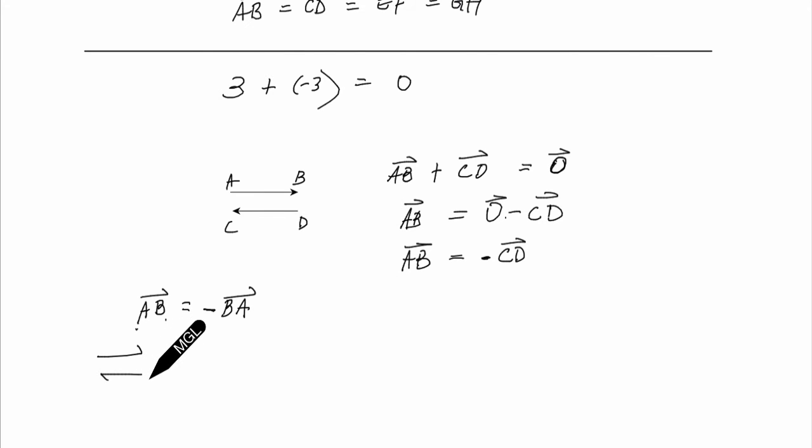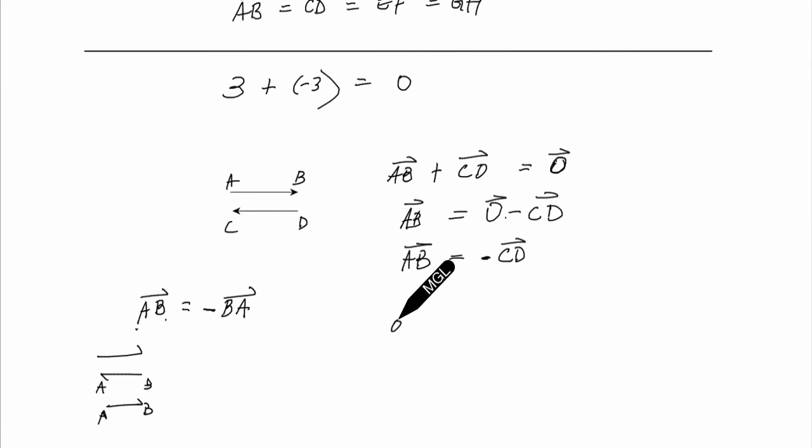Start from B, go to A, but if you multiply by a negative, what it does essentially is change the direction back to AB. So AB is equal to not BA, but negative of BA, because negative changes the direction, changing the position of the tail and the head.